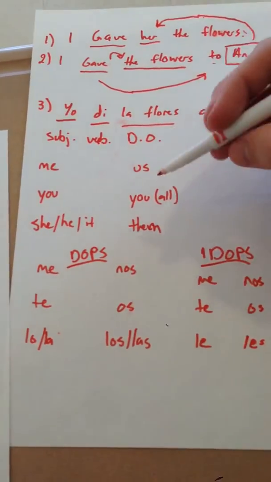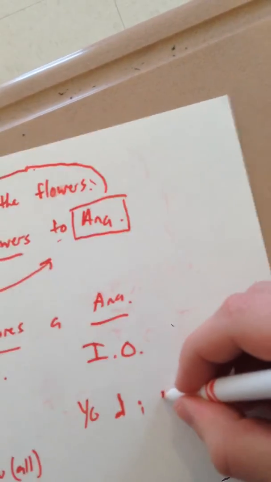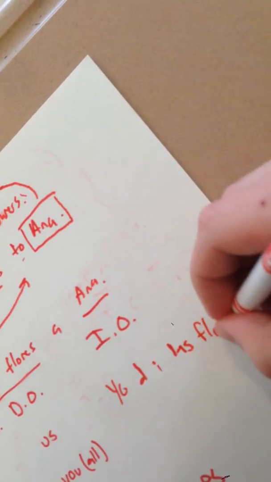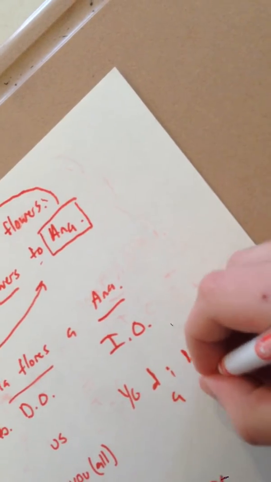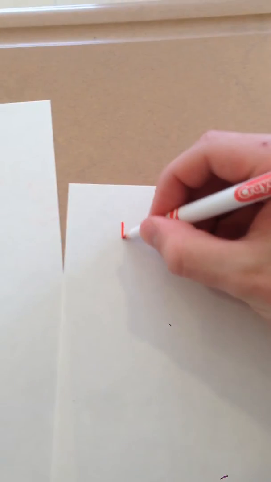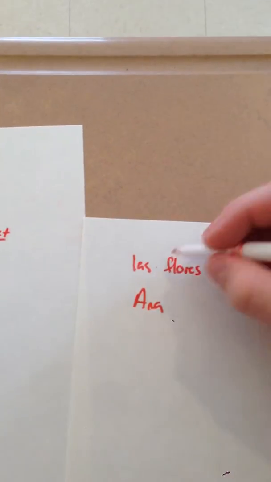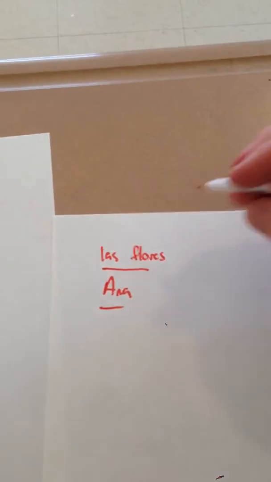In Spanish, if I were going to say yo di las flores a Ana, I could replace the words las flores and Ana with their respective pronouns. Las flores is our direct object.